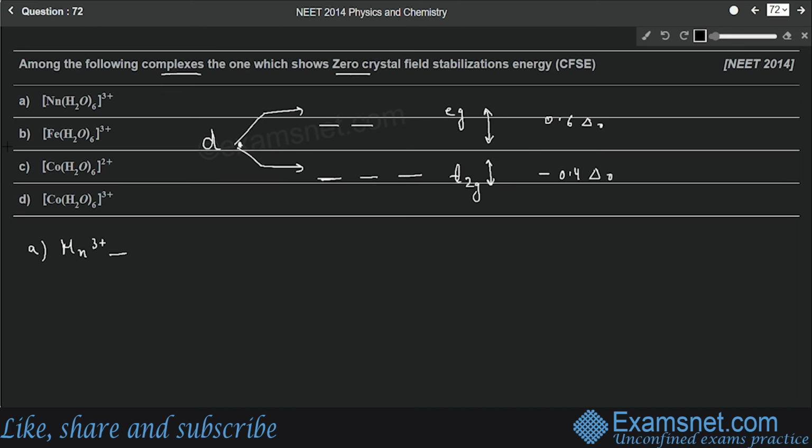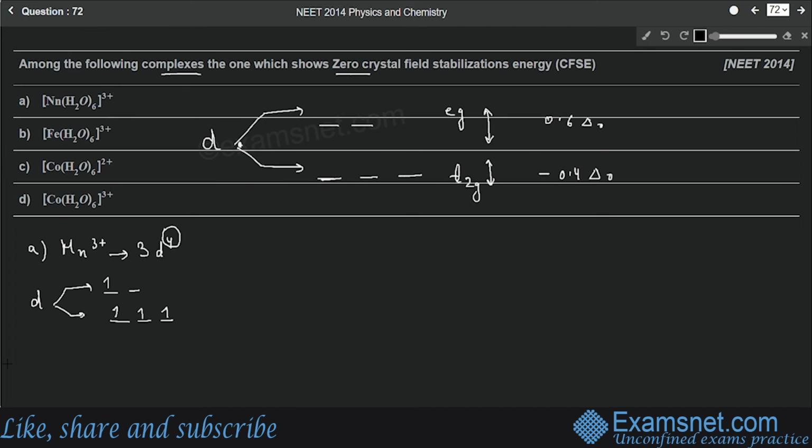Okay, and the electronic configuration of Mn3+ ion is 3d4. That means we have 4 electrons here. So when d orbitals split, 3 orbitals in the lower level and 2 orbitals in the higher level. Okay, so 4 electrons have to be filled in these levels, and the filling of electrons will start from the lower level. Okay, so 1, 2, 3, and then it will move to the higher level, 4.